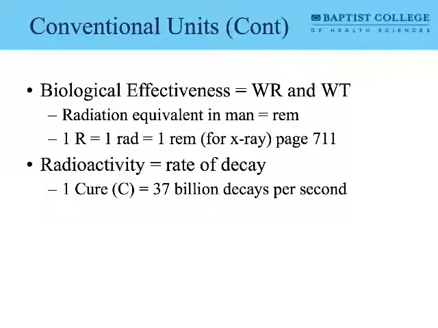So there's a lot of weird kind of conventions like that, which is one of the reasons we're getting away from conventional units. But in general, for X-ray, 1 Roentgen of exposure equals 1 rad equals 1 rem. In general. And that's from page 711 in our textbook.